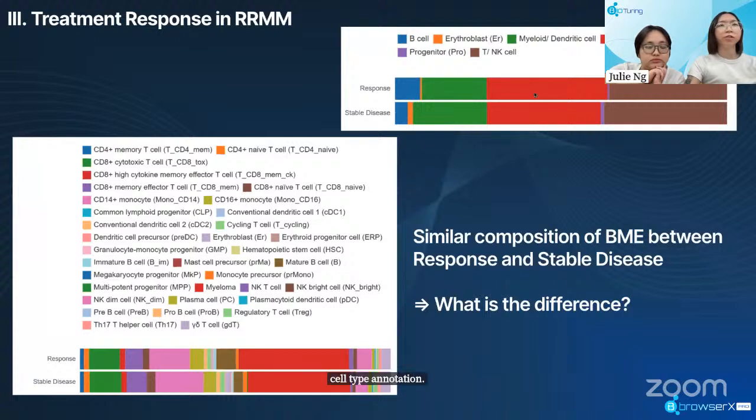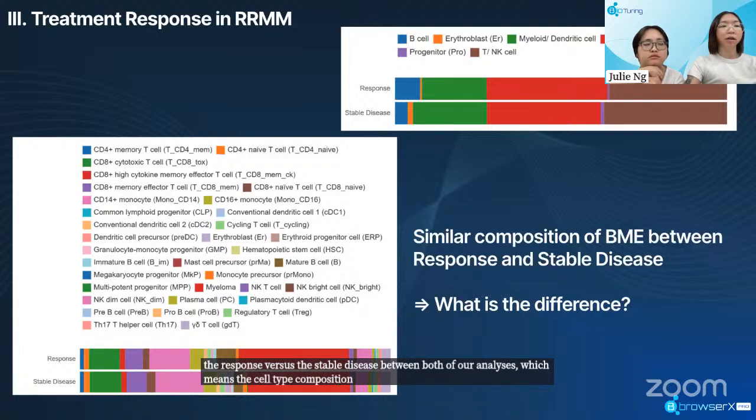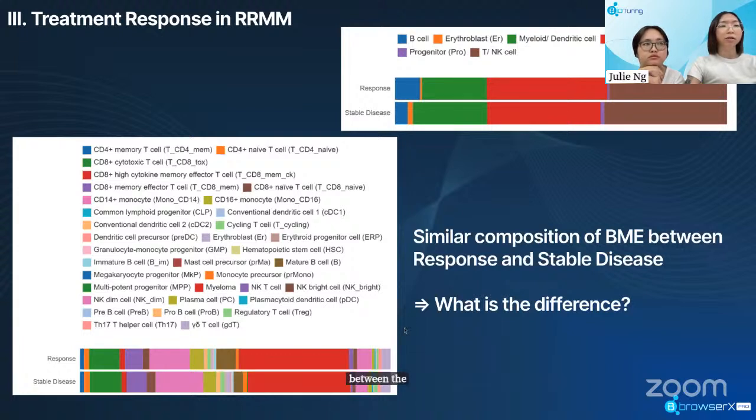Just visually, there's not much of a difference between the response and the stable disease groups in either analysis, which means the cell type composition is quite similar between the two. So the cell proportions may not be what is driving the differences in treatment response in our patients.